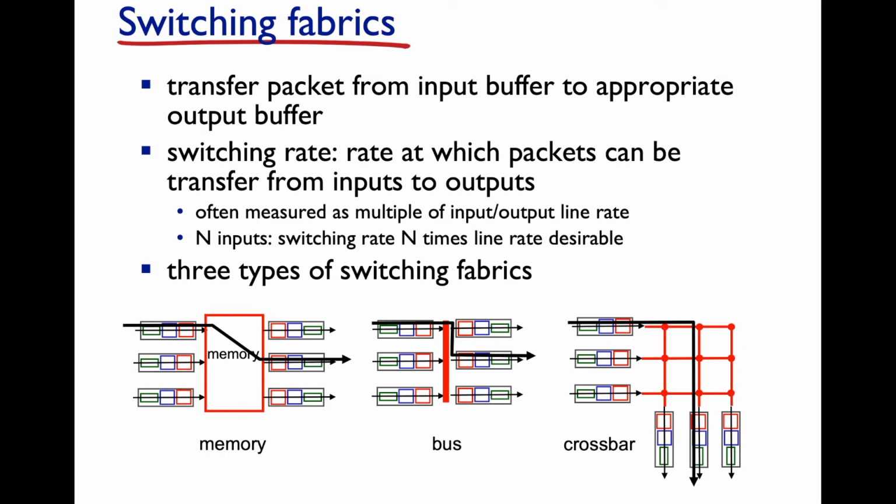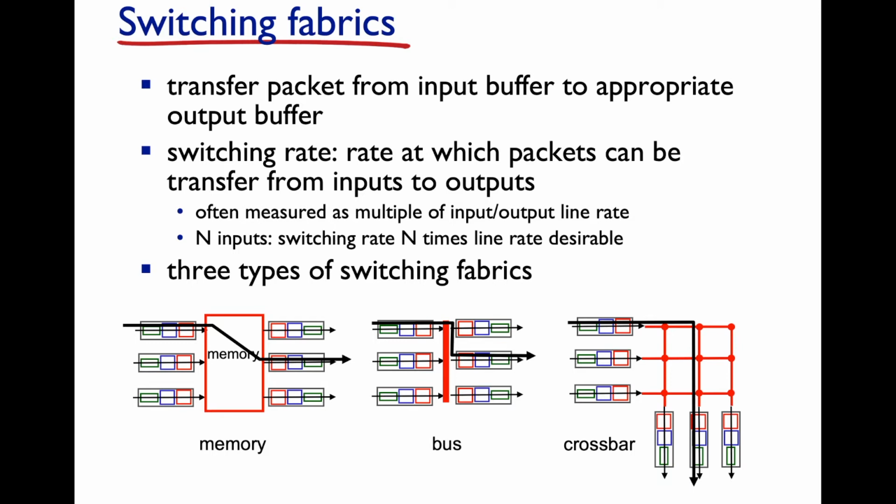The switching rate is the throughput, the rate at which packets are moved from the input to the output, and it's often described as a multiple of the line rate, how fast things go along those individual channels through which the datagrams pass. And so if you have n inputs, you desire a switching rate that's n times the line rate.